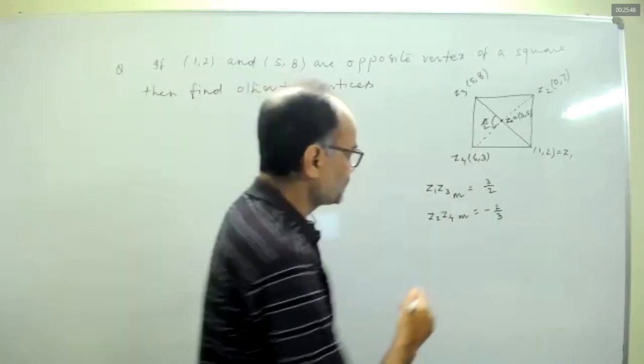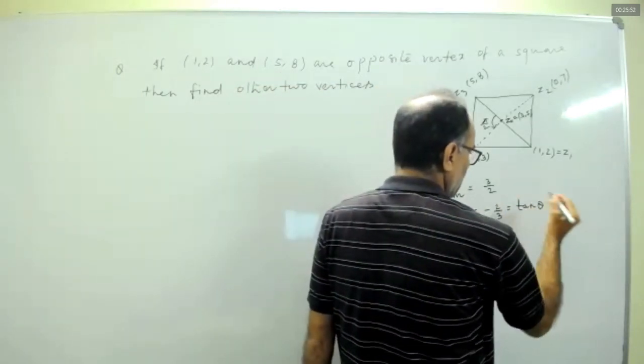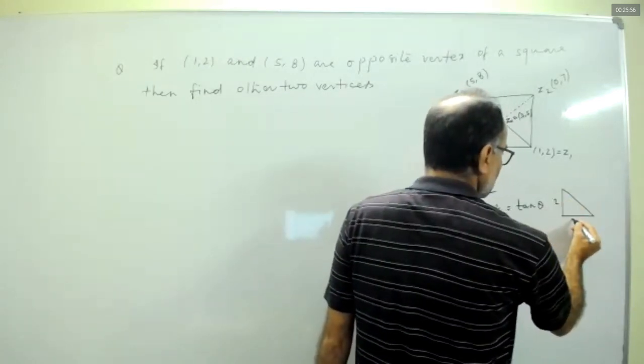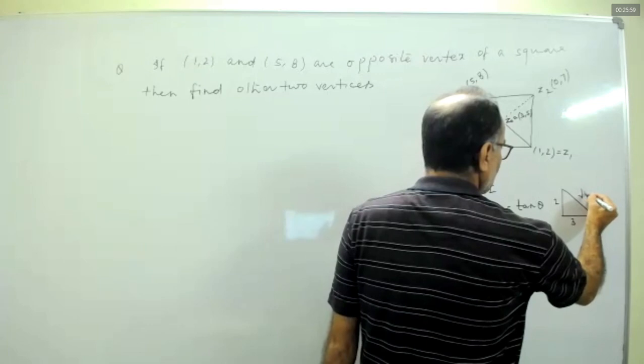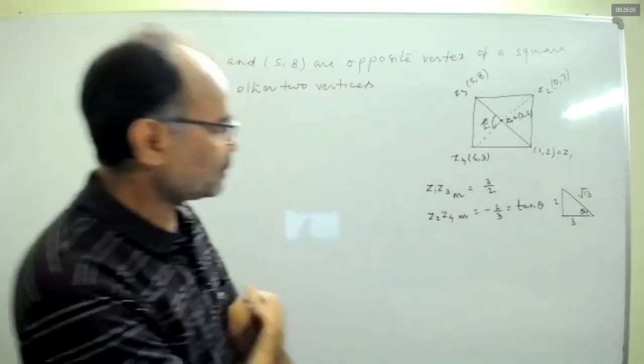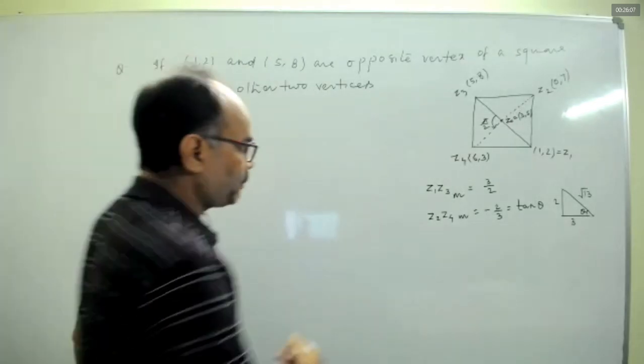So the slope of this is tan theta. Theta is in the second quadrant, so cos theta will be negative and sin theta will be positive.